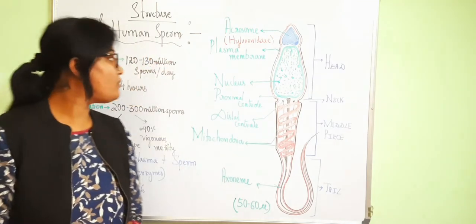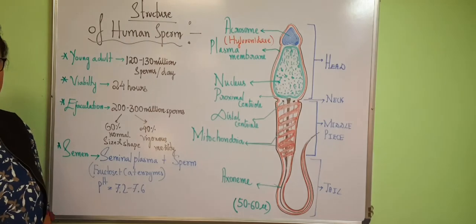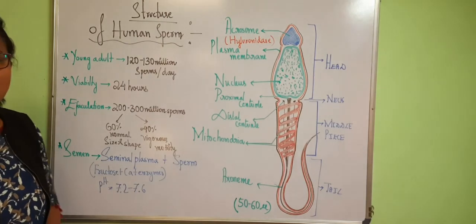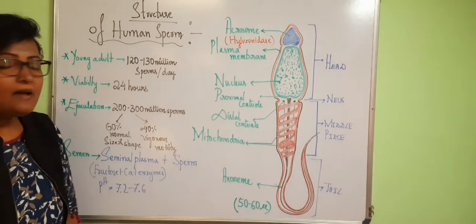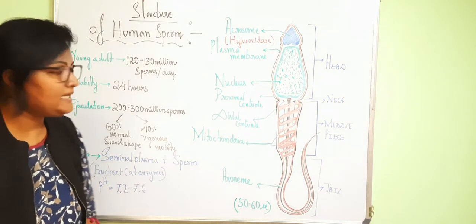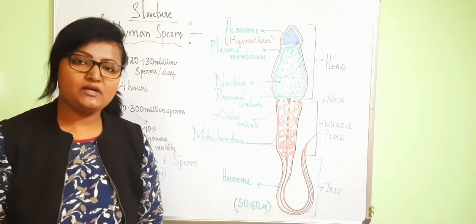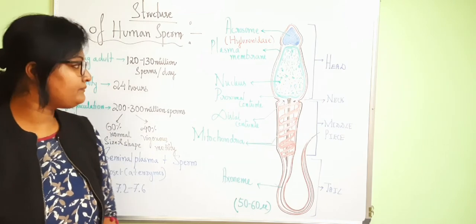Understood? So this is the structure of the human sperm. One more important diagram for 5 marks. Practice properly, and a neat labeled diagram will fetch you the complete 5 marks.